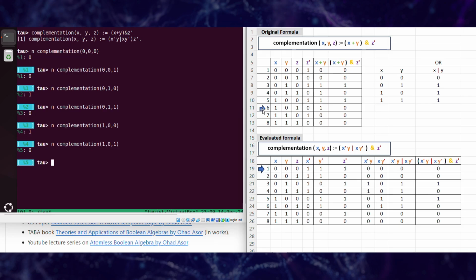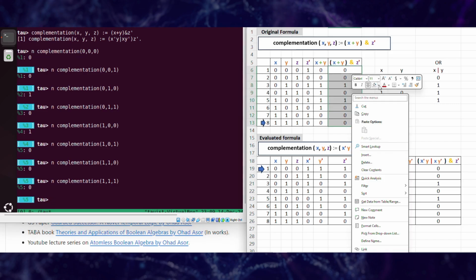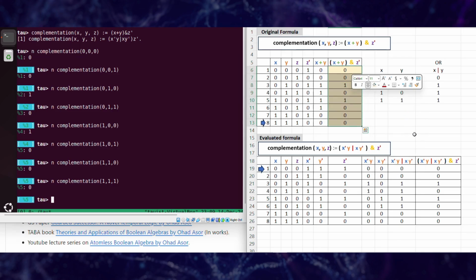And 1, 1, 0 is 0. Correct. And last is 1, 1, 1, 0. Okay, good. So we see that both of them are showing the same results, here and this one. Okay.